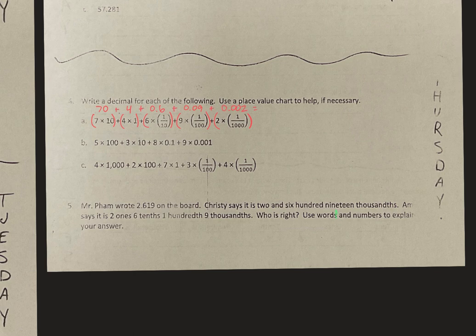And I know to add, so I'm going to do 7 in the tens place, a 4 in the ones place. My decimal comes next because I have a 6 in the tenths place. So 6, a 9 in the hundredths, and a 2 in the thousandths place. So now my standard form number is going to be 74 and 692 thousandths.